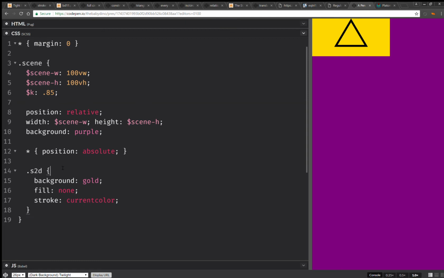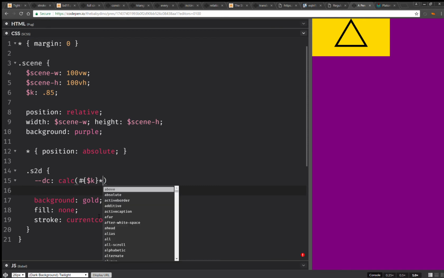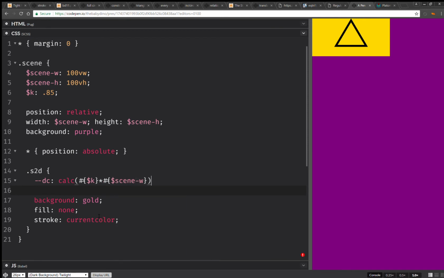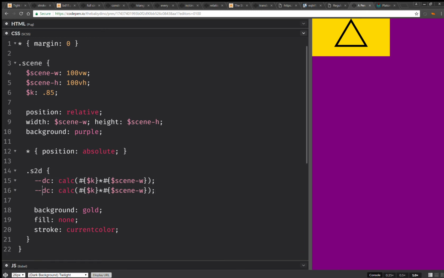And here we're going to compute the dimensions of this SVG, and these dimensions are the diameter of the circumcircle of this triangle. So this is going to be a calc that k times scene width, and we're going to have a maximum value, and this is going to be the scene height.